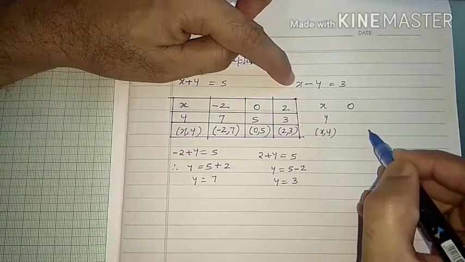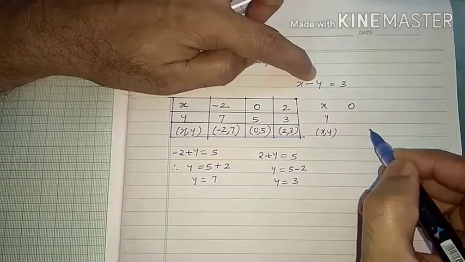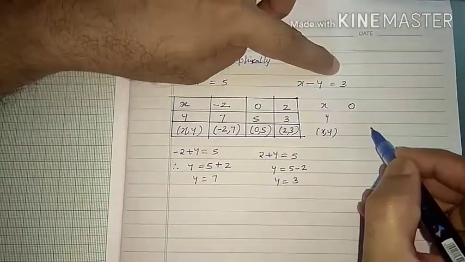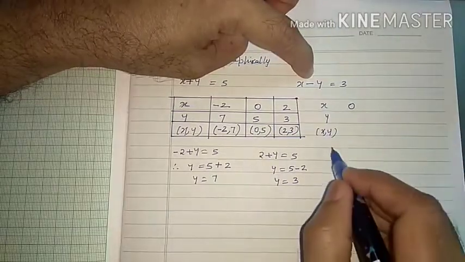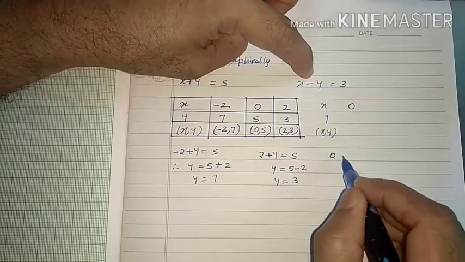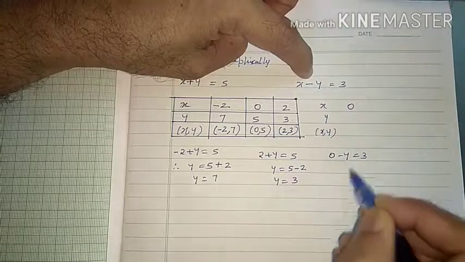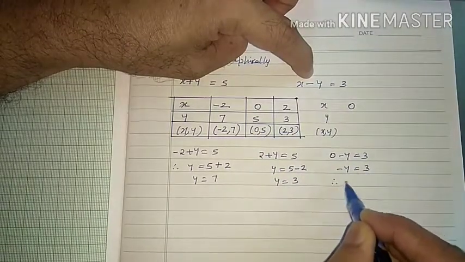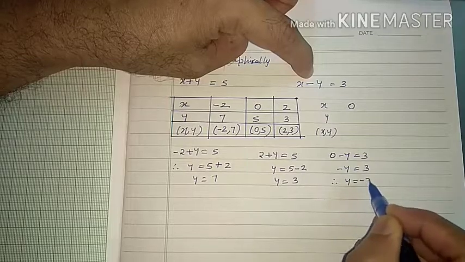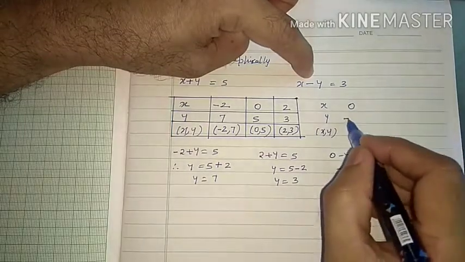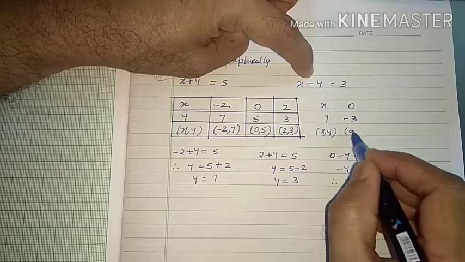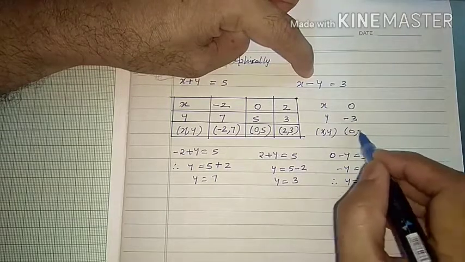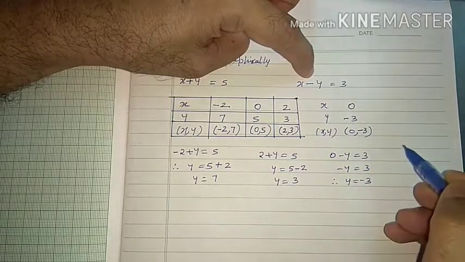Directly x is 0. 0 minus y equal to 3, that is minus y equal to 3, that is y equal to minus 3. So the first point we have is 0 comma minus 3.